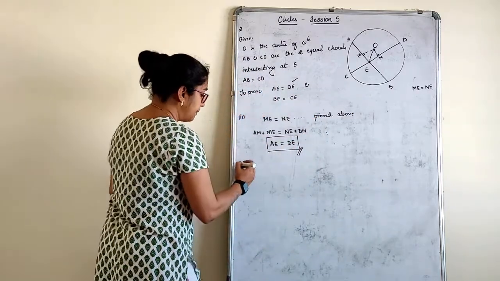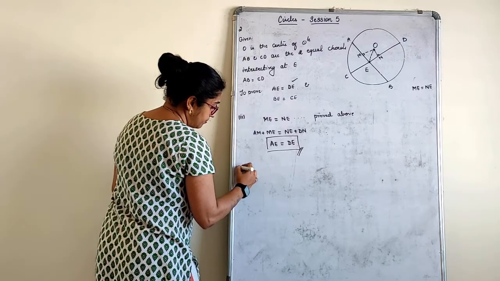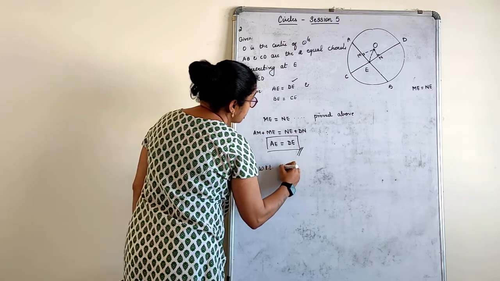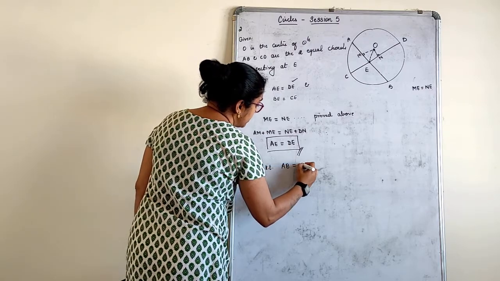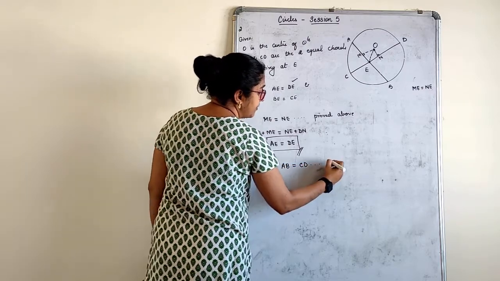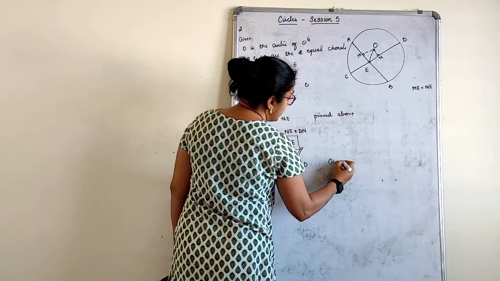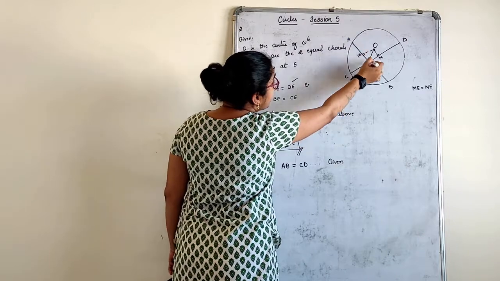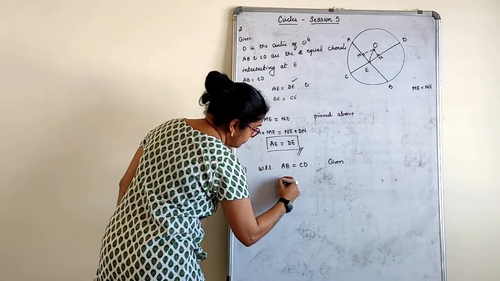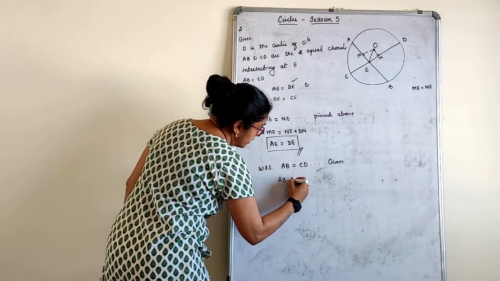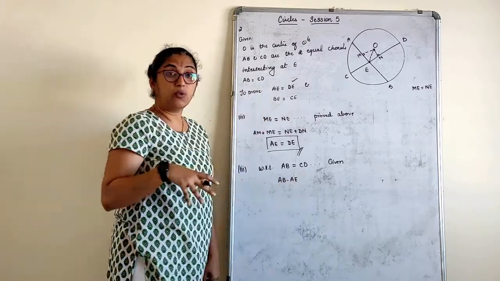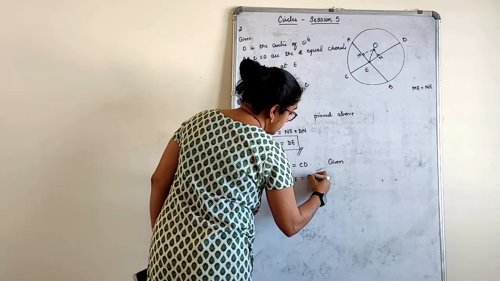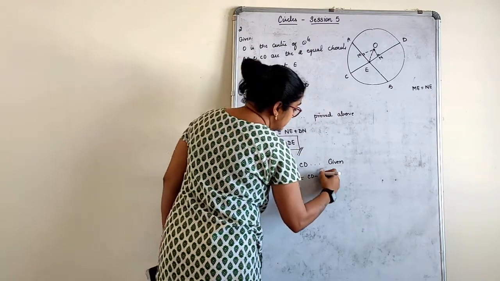Okay, third part. We know that AB is equal to CD. Given, why? The chords are equal. From the whole AB, if I remove AE, what do I get? AB minus AE. From equals, I am removing equals, is equal to CD minus DE.